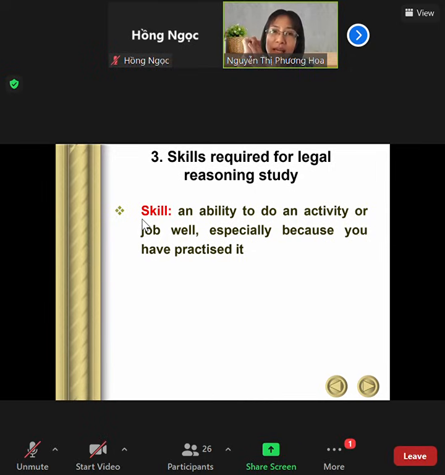So now brainstorming. What are skills needed for legal reasoning study? This is a brainstorm stage. Therefore, you throw every idea on the table and then we reorganize them again. So what skills?